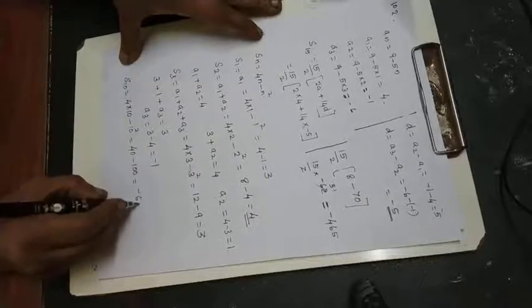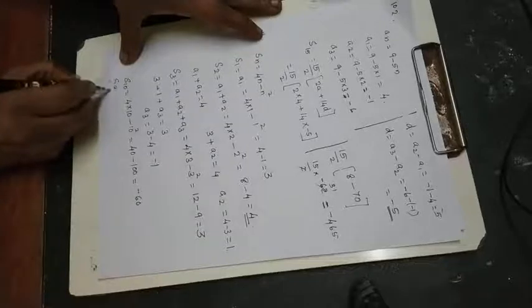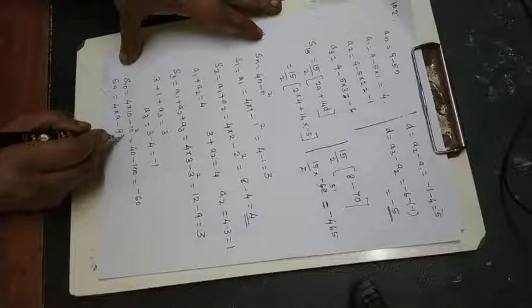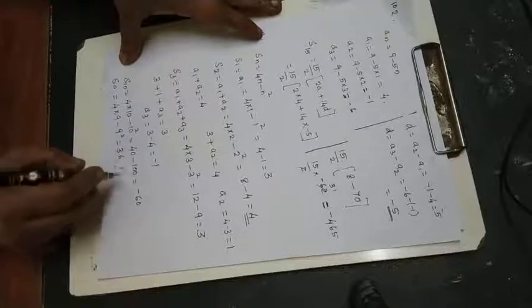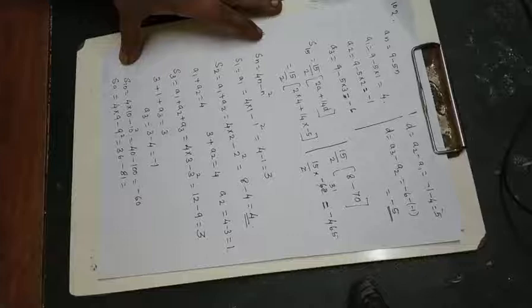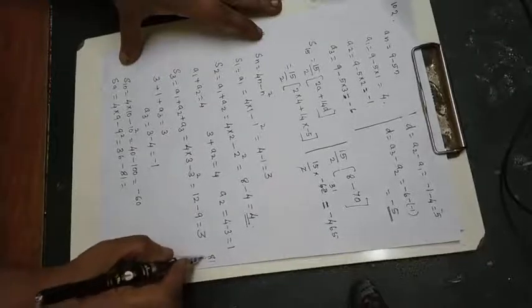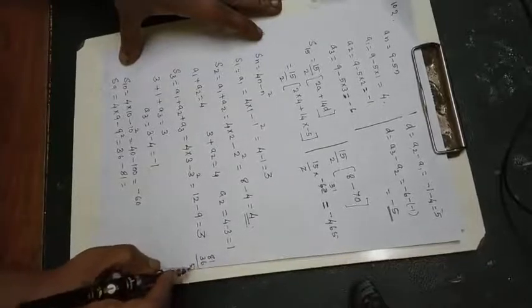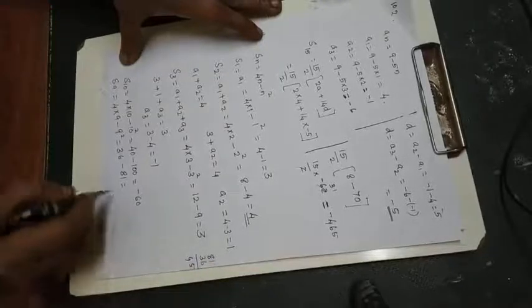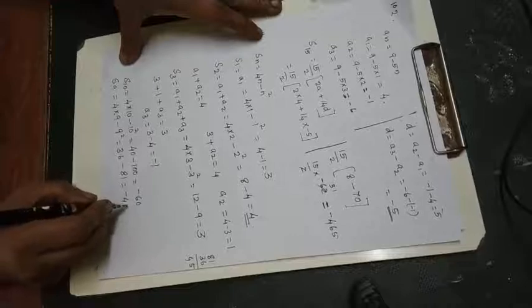So it will be negative 60. What will be S9? 4 into 9 minus 9 square. 4 9s are 36 minus 81. So 81 minus 36, 45. Then you are getting negative 45.